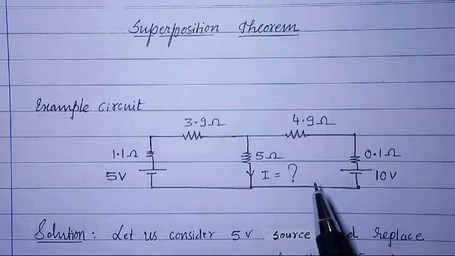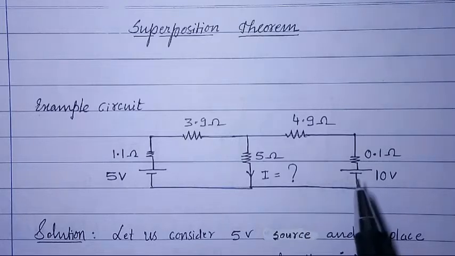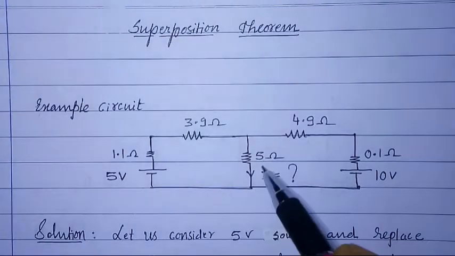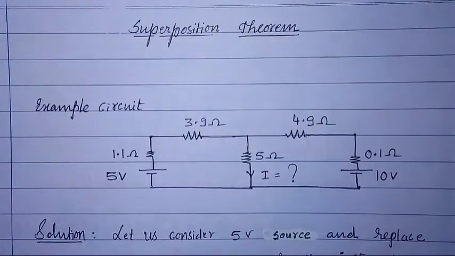And in doing so, we spent around 10 minutes of time. And final result was 1 ampere of current through this 5 ohm resistor. That solution also you can just see here.